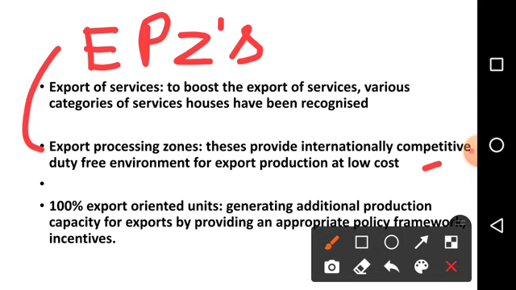But this will give you a duty-free environment for export production at low cost. You can do the export with less money. Simple. What do EPZs, that is export processing zones, do? They will help in doing the export at a very low price, at low cost.